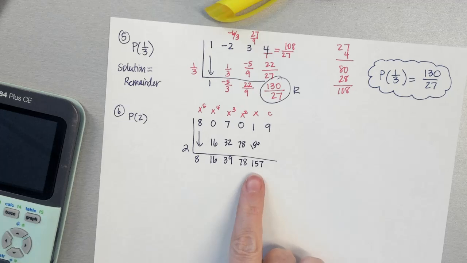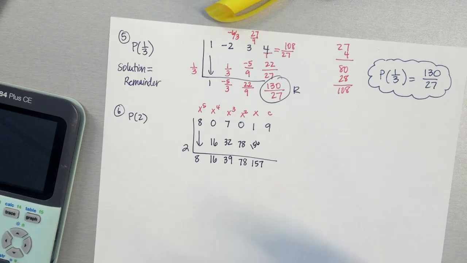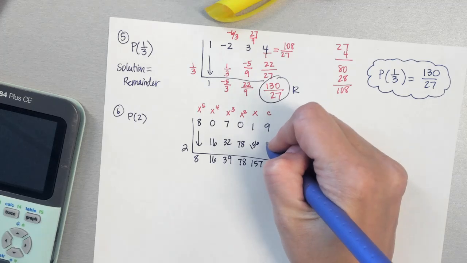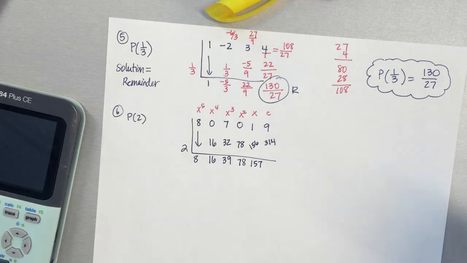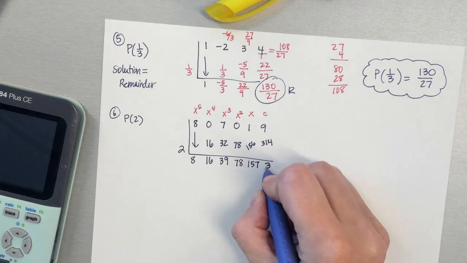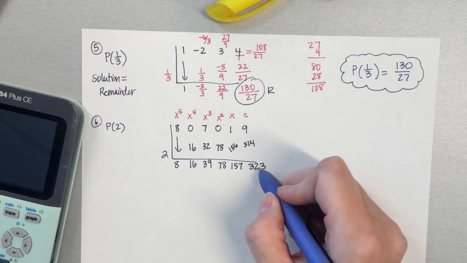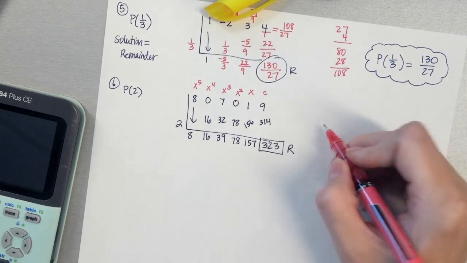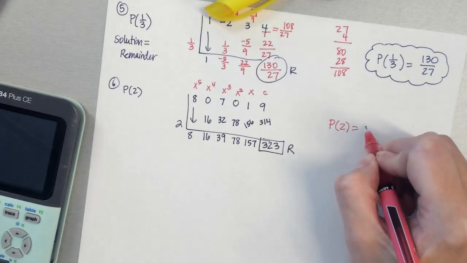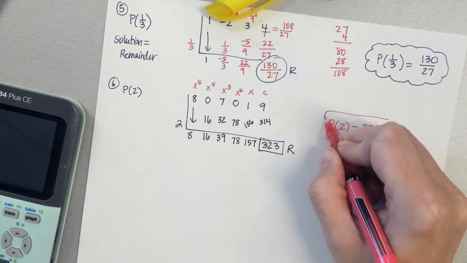So if you're doubling 157, just double 150. What's 150 and 150? 300. And then if you double 7, 14. So it'll be 314 plus 9, 323. I would just add 10, subtract 1. So the way that you would write your answer is P of 2 equals 323.